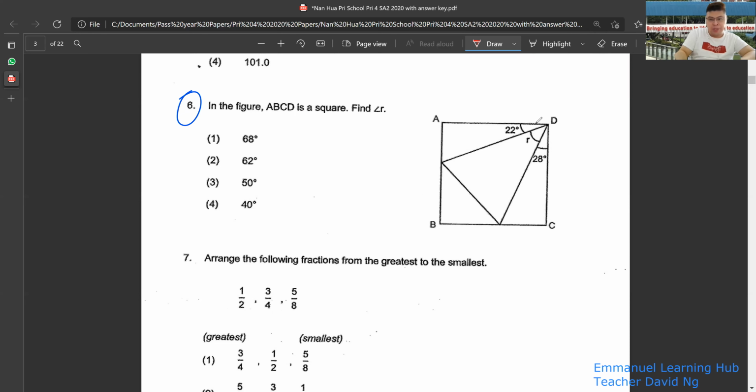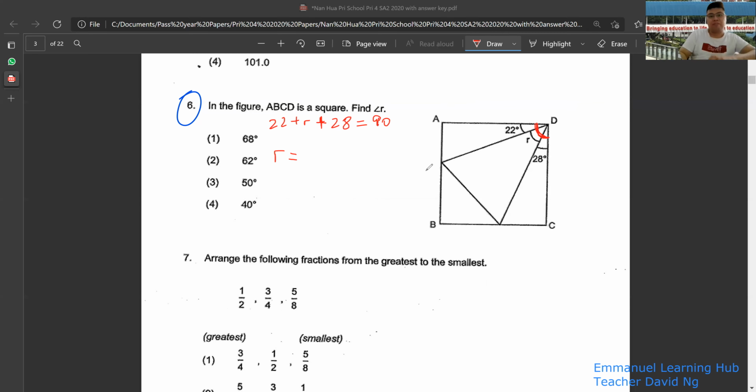Can you tell me what's the degrees here? 90 degrees. So 22 plus R plus 28 equal to how many degrees? 90 degrees. So your R is equal to?